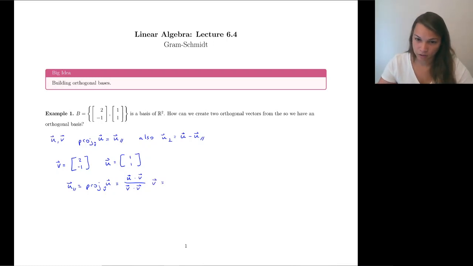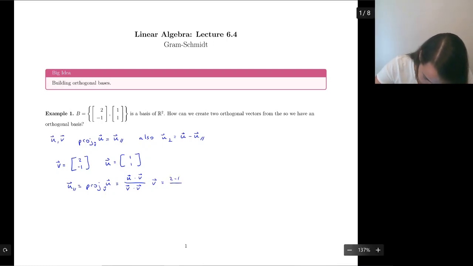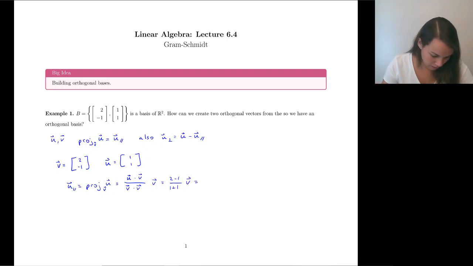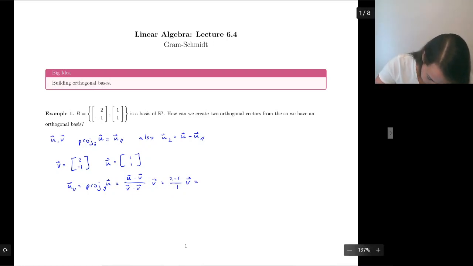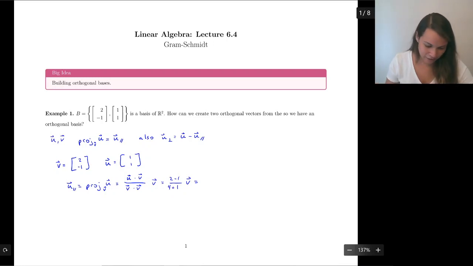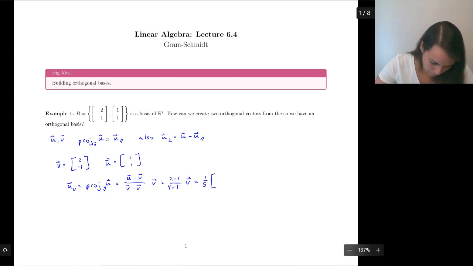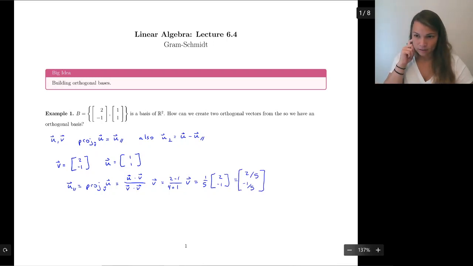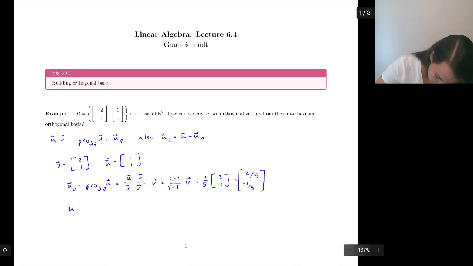We do the dot products: u dot v is 2 minus 1, and v dot v is 4 plus 1. So that is 1/5 of v, which is 2/5, -1/5. And there's u parallel.